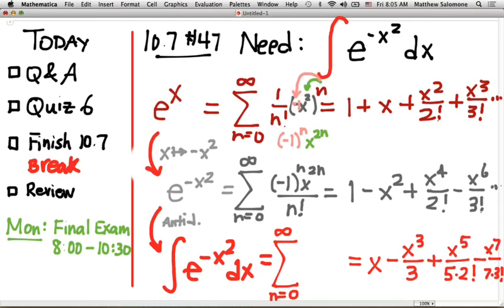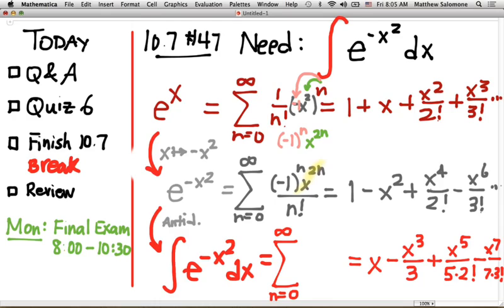We don't need a substitution for this antiderivative. Let's put the focus where the focus belongs. If we're taking an antiderivative with respect to x, then the only factor that matters here is the x to the 2n factor. Because everything else, minus 1 to the n and n factorial, those are functions of n and not x, and so with respect to the integral that we're taking, they're just constants.